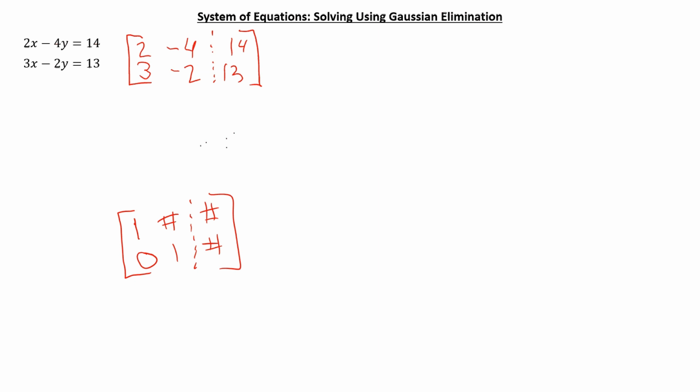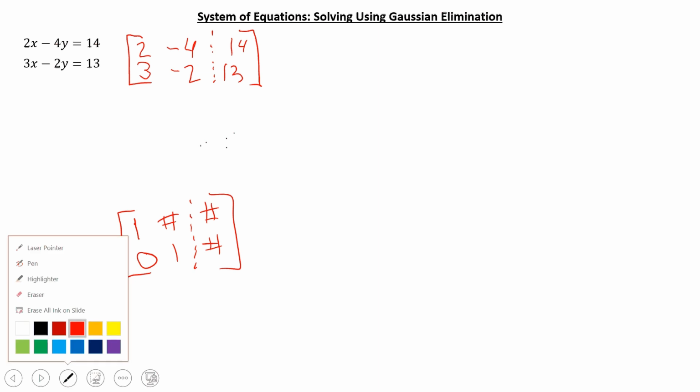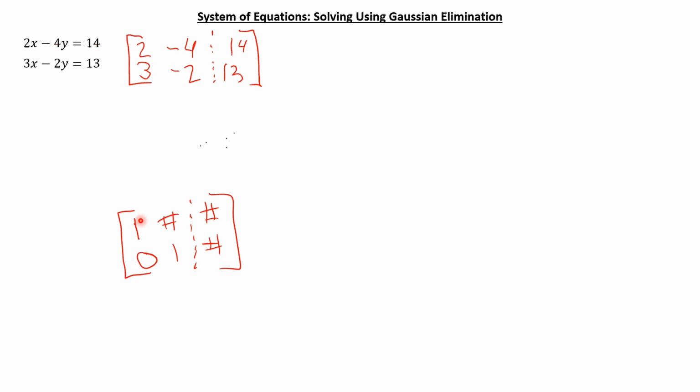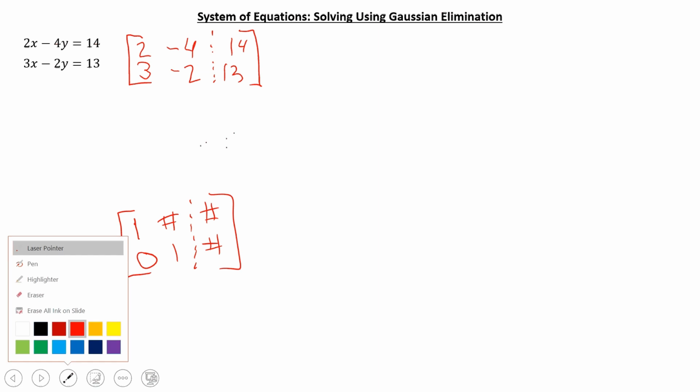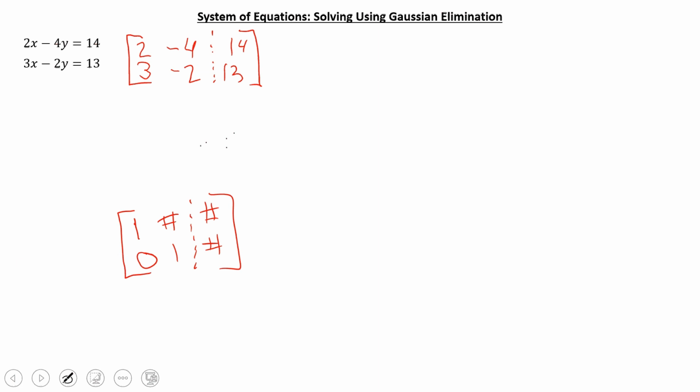So your goal is really three things: make this 2 into a 1, make the 3 into a 0, and make this -2 into a 1. Usually it's easiest to start by converting the first number, the 2, into the 1.